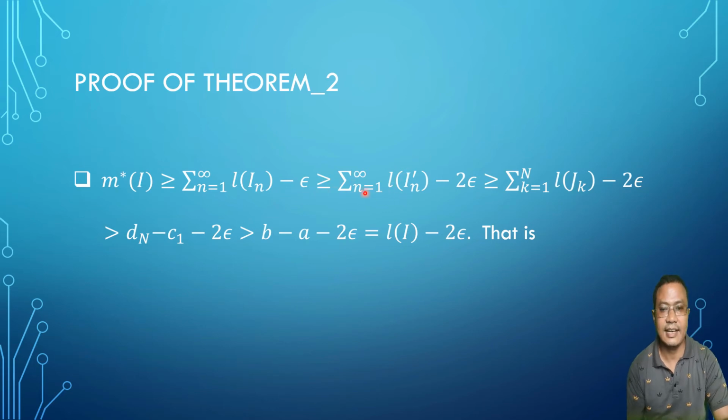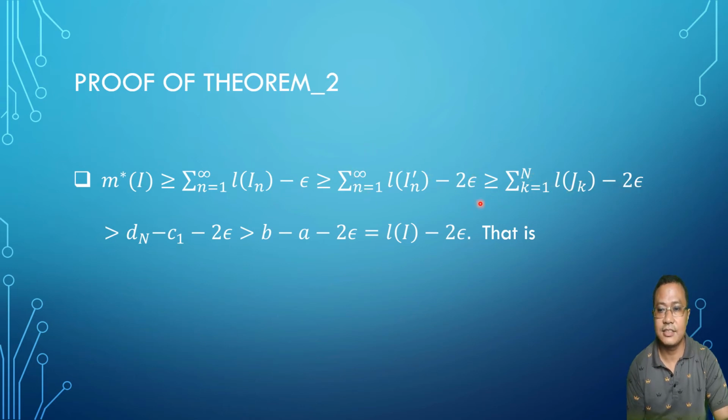When you convert the length of the interval In into the length of the interval In prime, minus epsilon will be there. I have already explained that one. So here is minus epsilon, here minus twice epsilon, but this summation is going from 1 to infinity, and this one is going from 1 to capital N. Therefore obviously this term will be greater than this one.